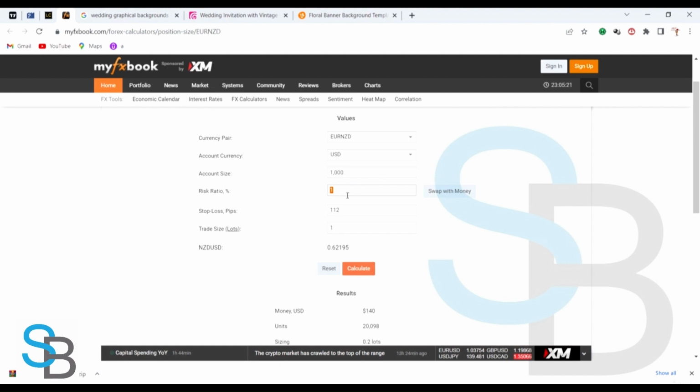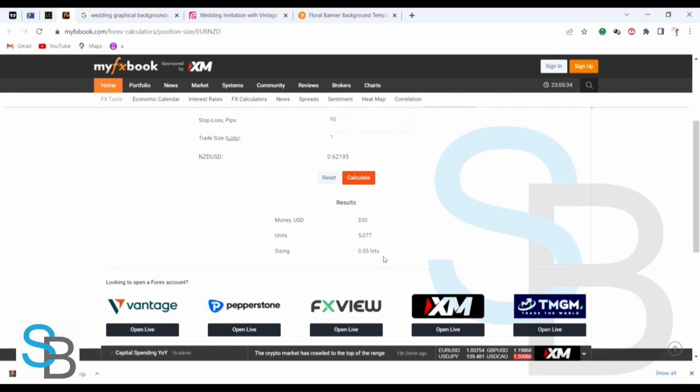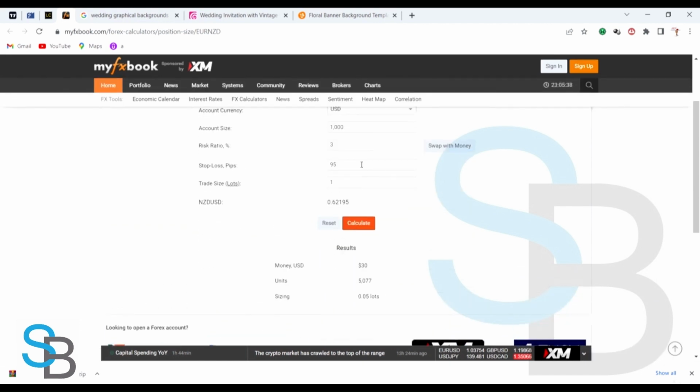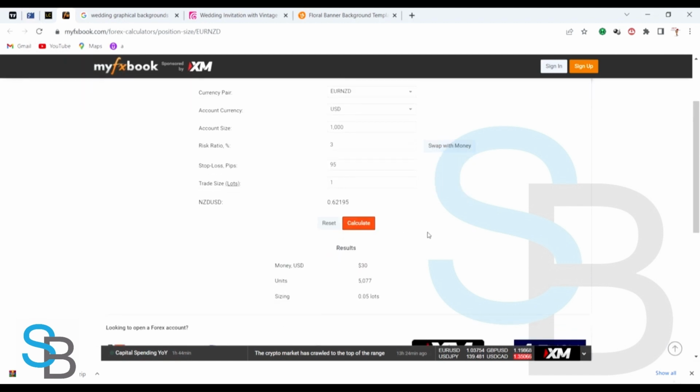My risk percentage is, let's say, 3%, and my stop loss is 95 pips. When I calculate, I am to use 0.05 lots, and I'll be risking $30.